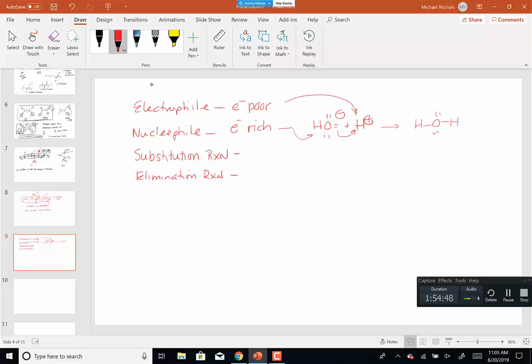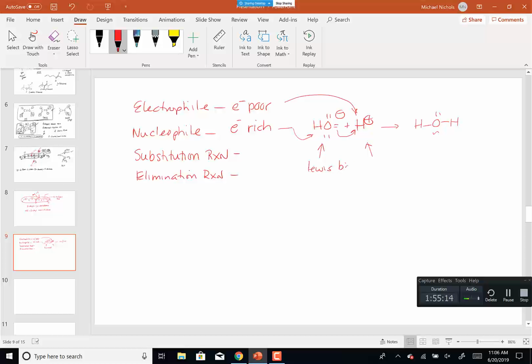Now the one that's most appropriate to organic is actually the Lewis acid-base. So what we then have to remember is, well, what's a Lewis acid? The Lewis acid is the one that has lone pairs that it can donate. Nope, sorry.